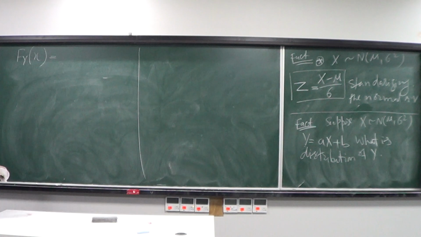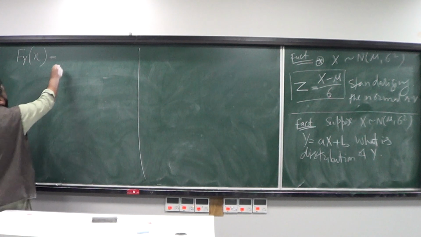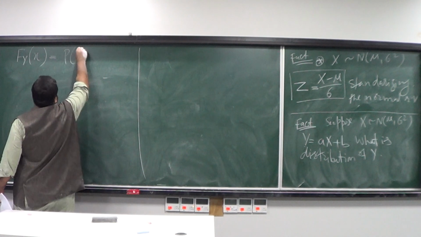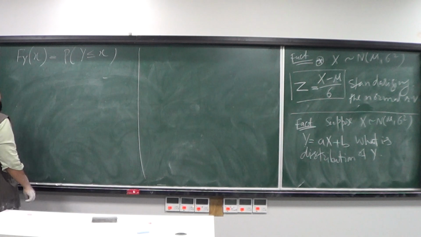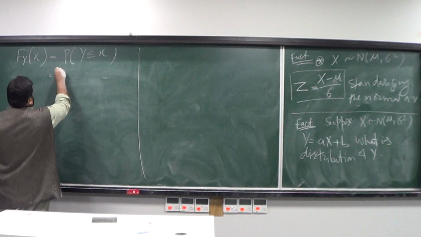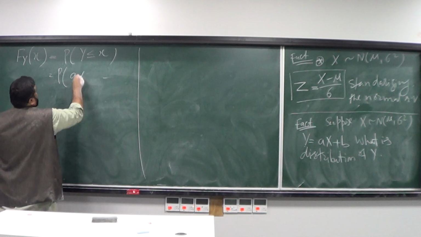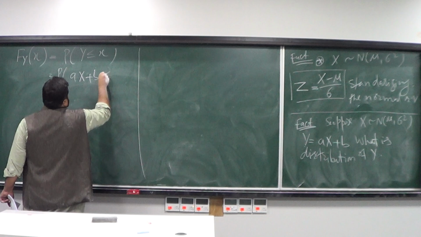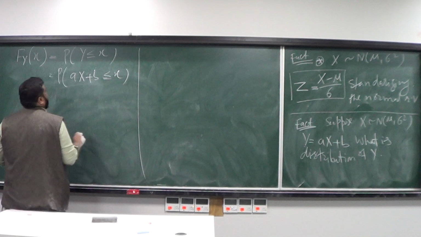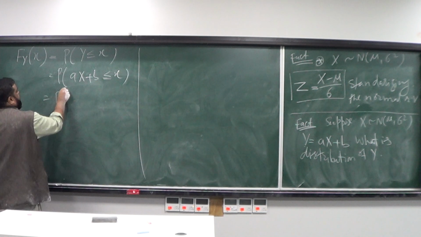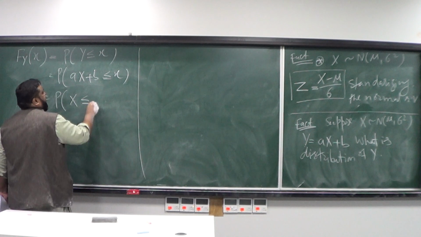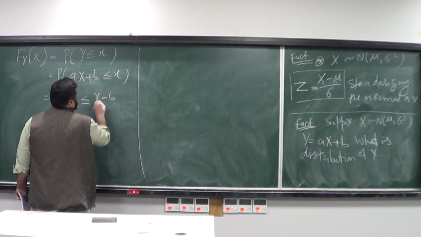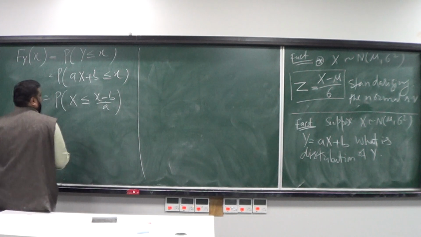So F_y of x is, by definition, the probability that y is less than or equal to x. And by definition, y is really ax plus b less than or equal to x. So I can express these probabilities in terms of X, so you're going to get X less than or equal to (x minus b) by a.